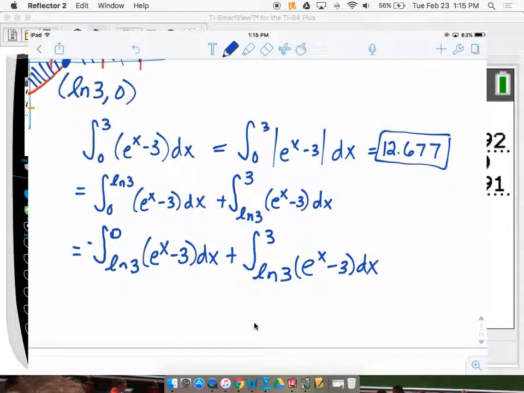All right, so see if you guys can do this one and see if you get the same answer. Not absolute, no absolute value.